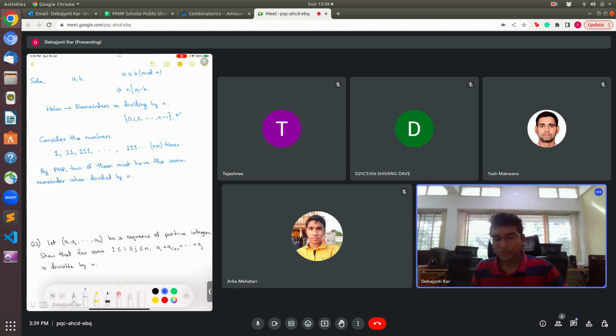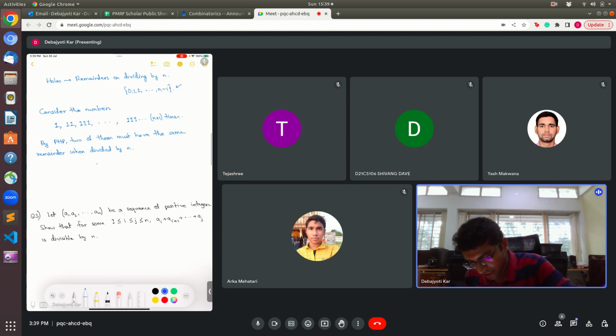Right, so consider these two numbers. If we subtract the smaller number from the larger number, so what are these numbers like? The larger number consists of a larger number of ones. This is my larger number. The smaller number just consists of a smaller number of ones. So it's something like this.